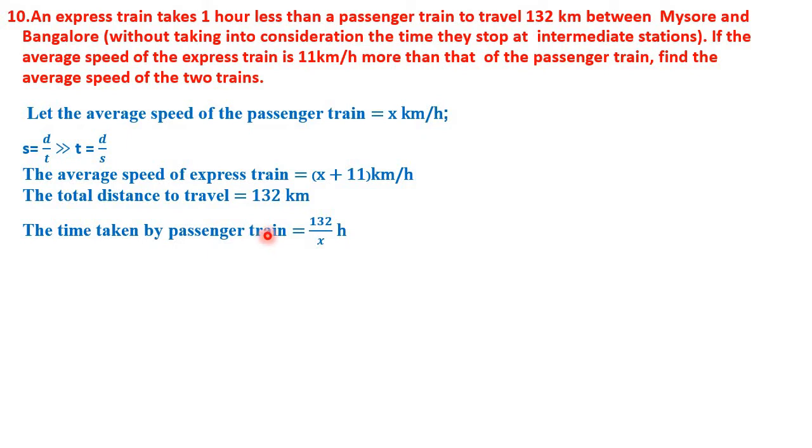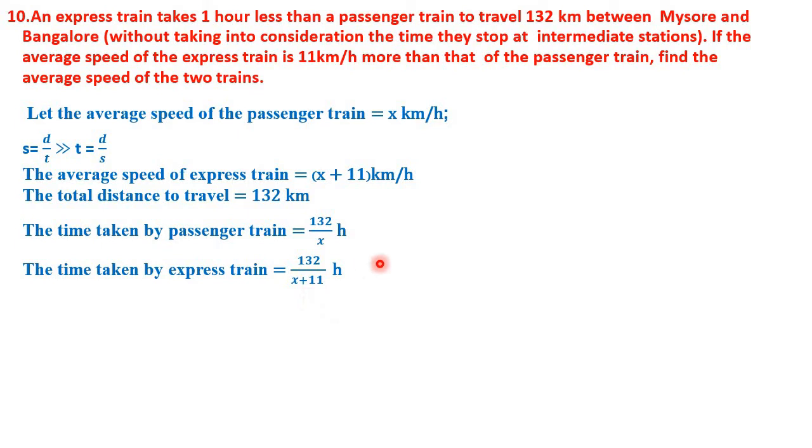Therefore, 132 by x is the time taken by the passenger train to cover 132 kilometers. And the express train's speed is 11 kilometers per hour more than the passenger train. Therefore, the time taken by the express train is equal to 132 divided by x plus 11.